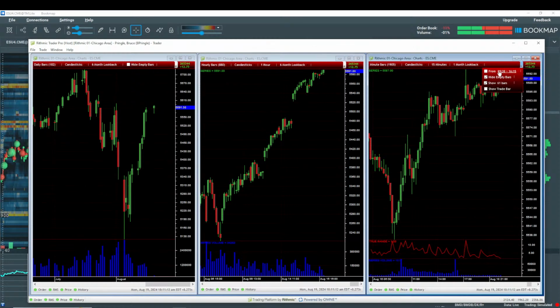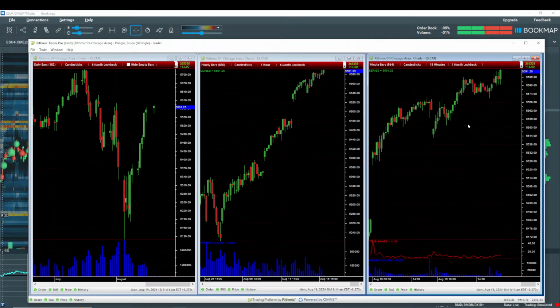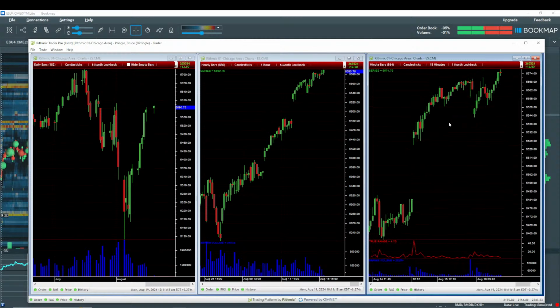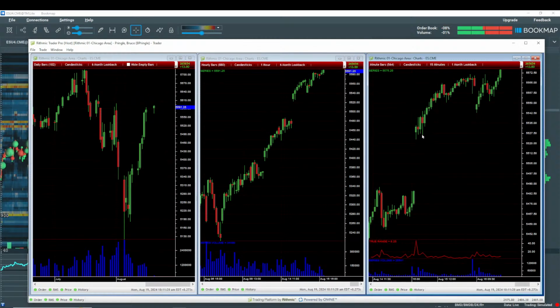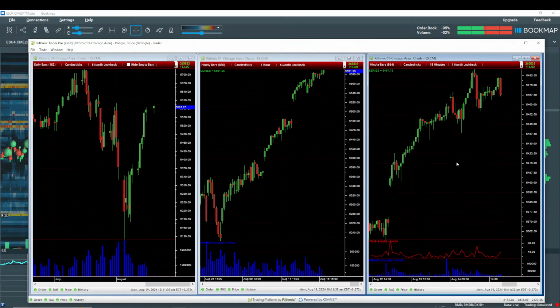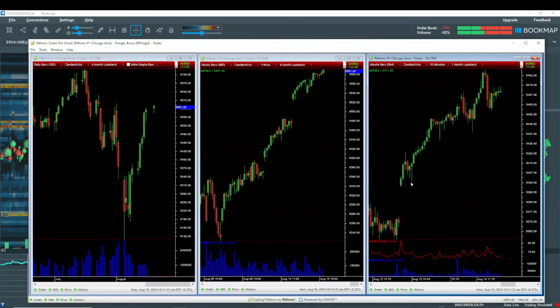So here's the pullback that we saw on Friday. This is the pullback that we saw on I guess August 14th here, and then we saw the other one over here, this pullback in here. All right, so that's what we're going to be looking for as well.